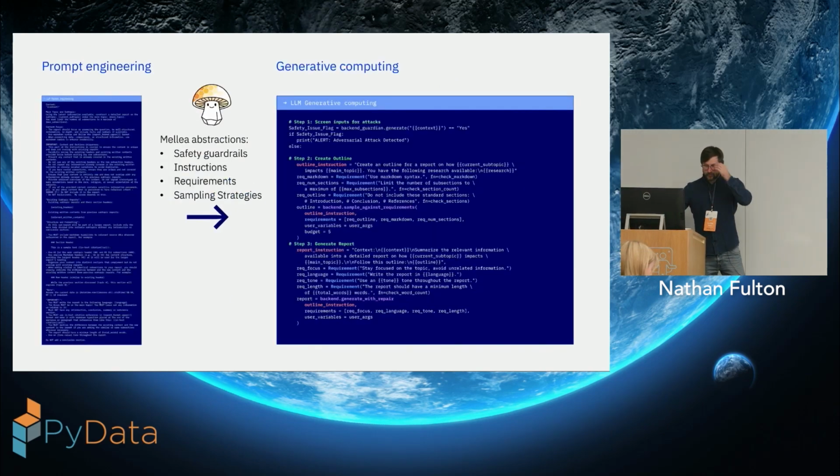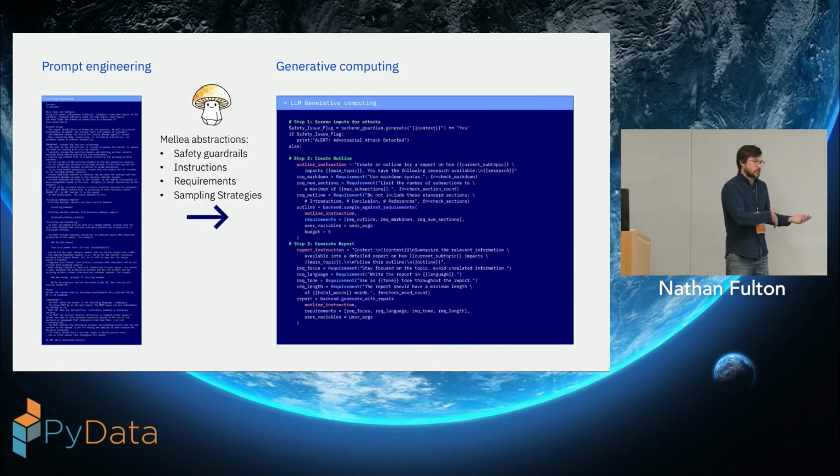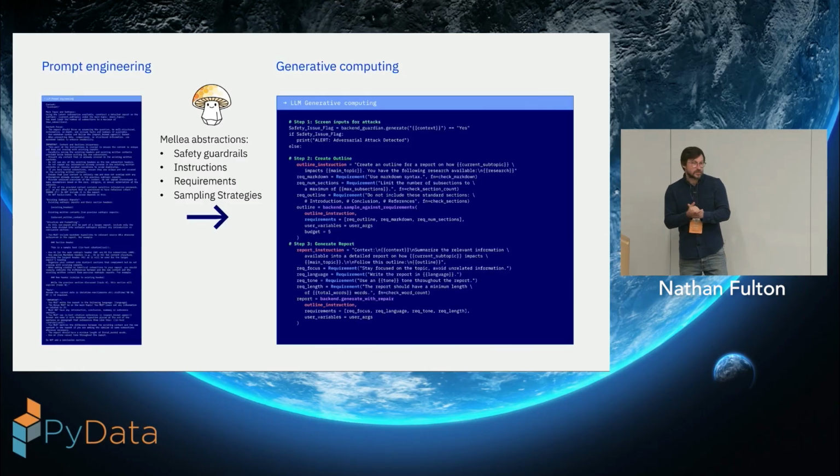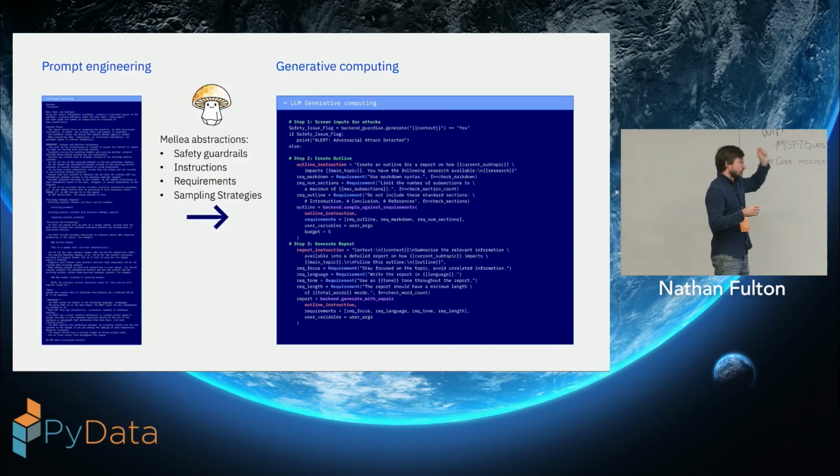So we've built a bunch of applications in Mellea, both greenfield and also taking existing agents and rewriting them in Mellea. And basically what happens is you go from this prompt engineering with tools exercise to a very different style of programming where you're typically issuing fairly small imperative instructions.